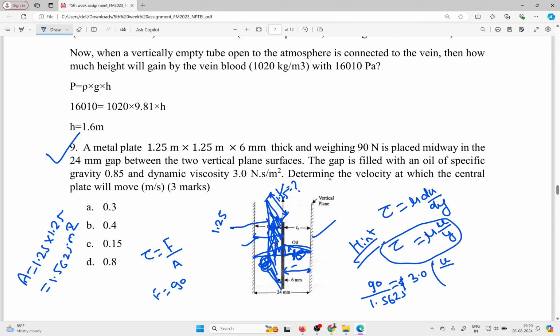How will you calculate? The gap between the two vertical plates is 20 mm.